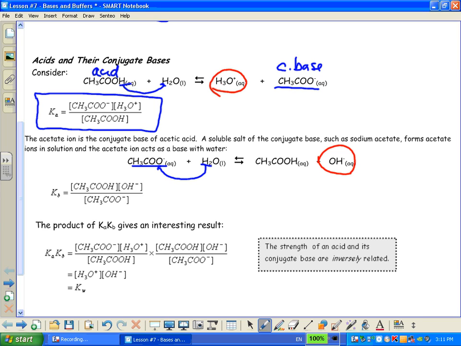At the top we're looking at an acid, and at the bottom we're looking at a base. Here, this would be considered a base, and this would be its conjugate acid. Again, if we substitute that into the Kb, it's products over reactants. Remember, water is ignored in this case, and you end up with this equation right here.